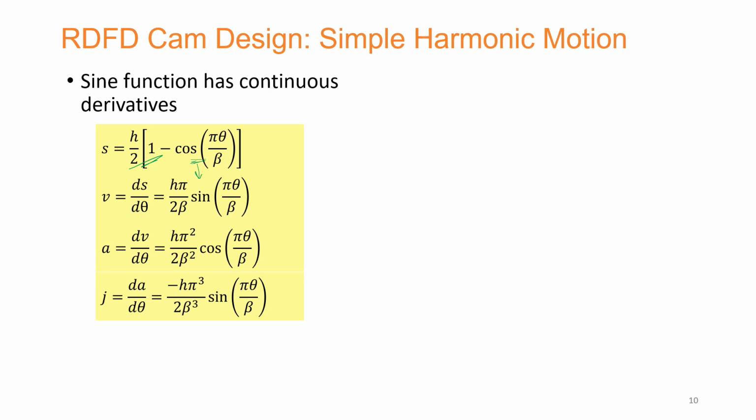And obviously you can see over here we have not considered theta to be a function of time, but if we do consider it, this is going to turn out to have a d theta by dt term added over here, which is going to be angular velocity, and over here you're going to have the square of angular velocity, and over here you have the cube of angular velocity, if you consider theta as a function of time as well.